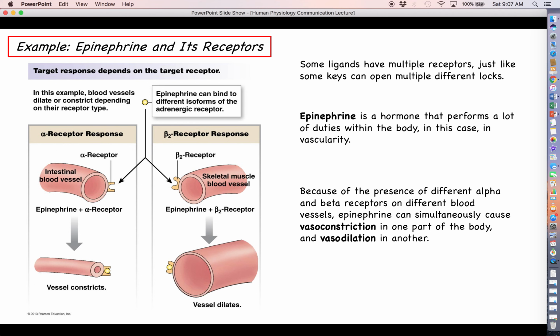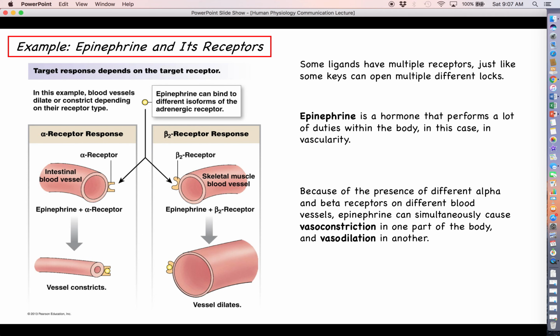In this case, we are also going to vasoconstrict some blood vessels and cut off the blood flowing to organs and tissues that maybe are not as important in the fight or flight response. So some things that you don't need to be focusing on if you're running from a grizzly bear: you don't need to be focusing on digesting your lunch, so maybe we could cut off blood flow to the intestines.